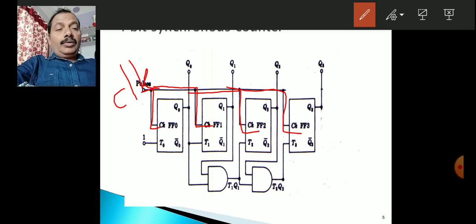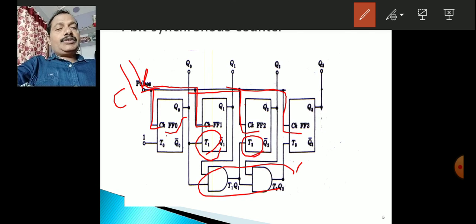But how is this counter able to count? Because of this design and gate circuitry, according to the equations we got. For every clock pulse FF0 will complement its previous output, but FF1 output will be complemented or retain its previous value based upon the T1 input.